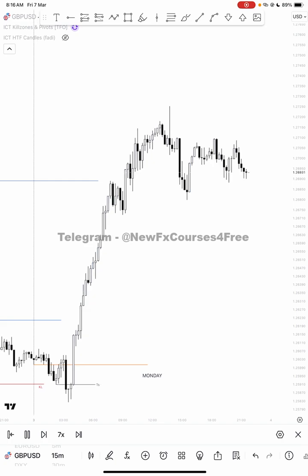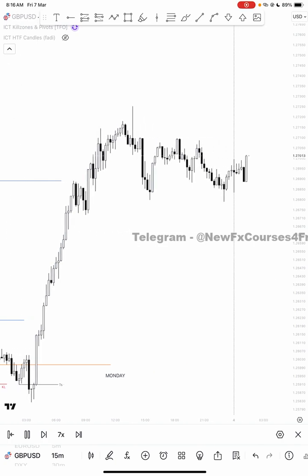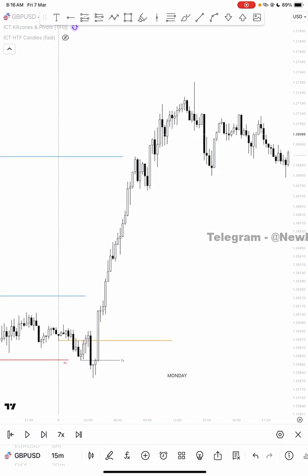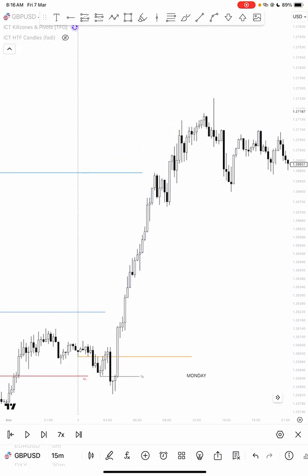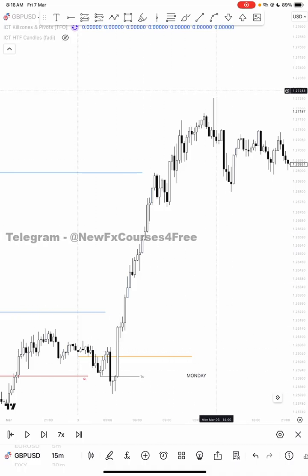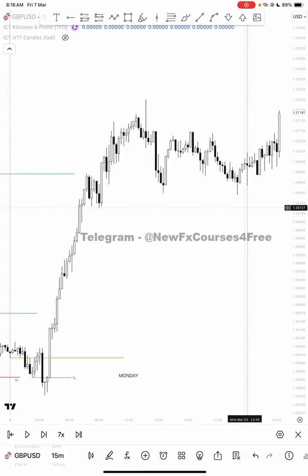So here you go. This is the end of the daily candle. So here, open, low, high, and you got your close over here.